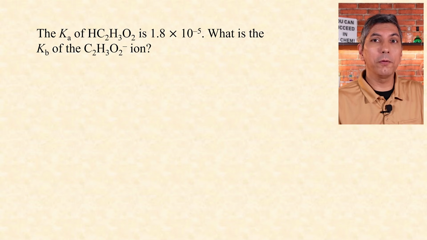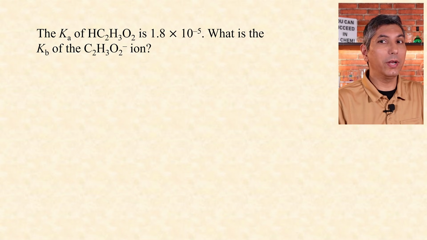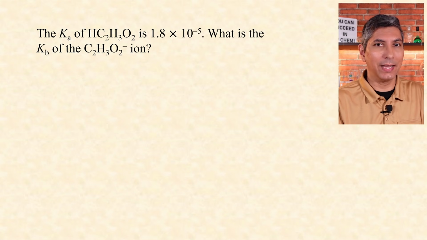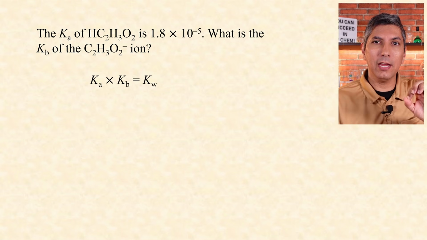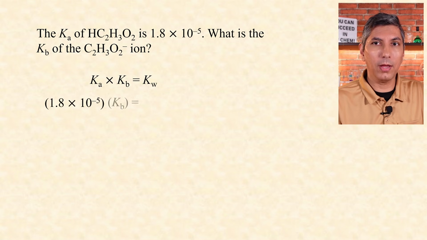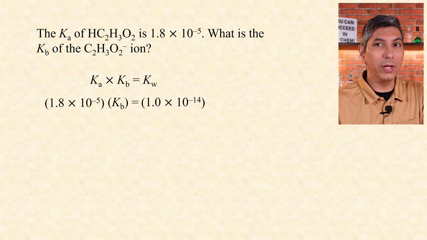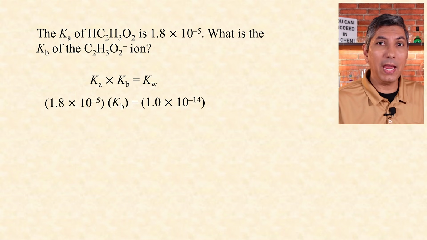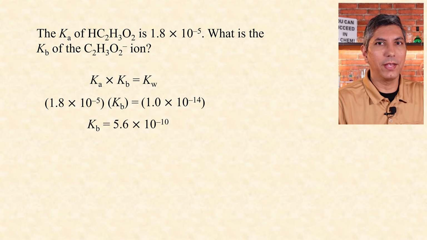So if the Ka of acetic acid is 1.8 times 10 to the negative fifth, and we're asked what is the Kb of the acetate ion, we need to use the equation Ka times Kb equals Kw. The problem tells us what Ka is, and we're solving for Kb. The value of Kw at 25 degrees Celsius is 1 times 10 to the negative 14th. We can divide and find that the Kb equals 5.6 times 10 to the negative 10th.